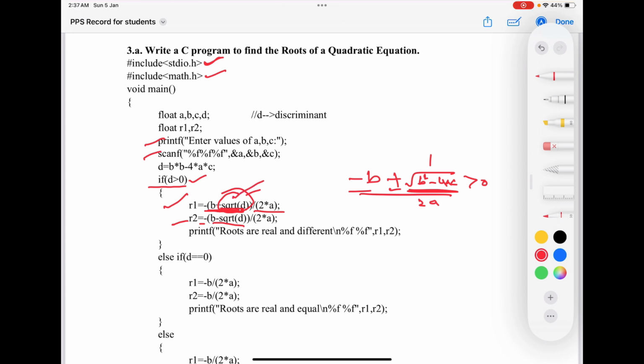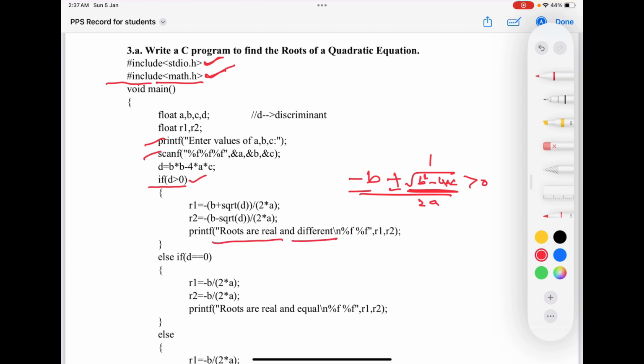Here I am using square root, a predefined mathematical function, so I have to include a mathematical library. The mathematical library in C is #include math.h. Now I have used it.